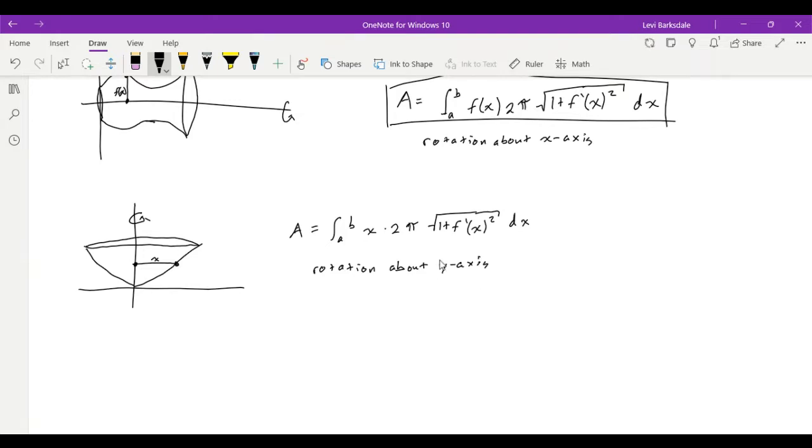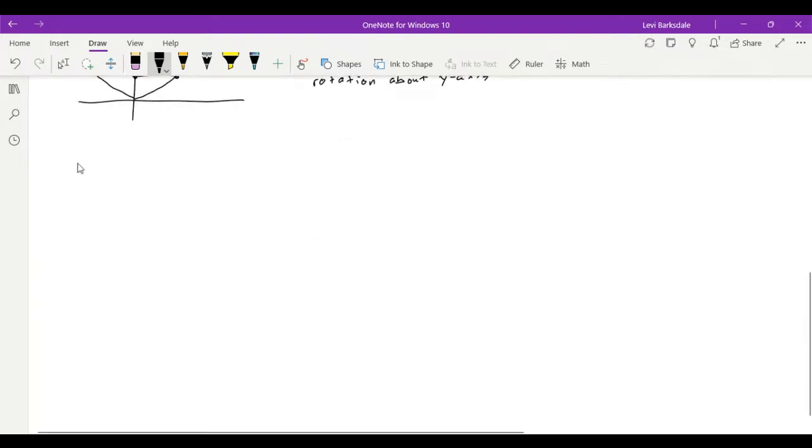So let's go ahead and do a couple of example problems. Let's say we wanted to find the surface area of a cone with no base.